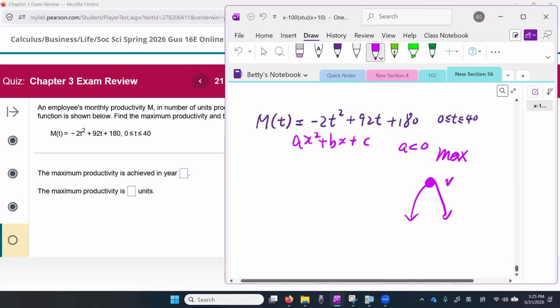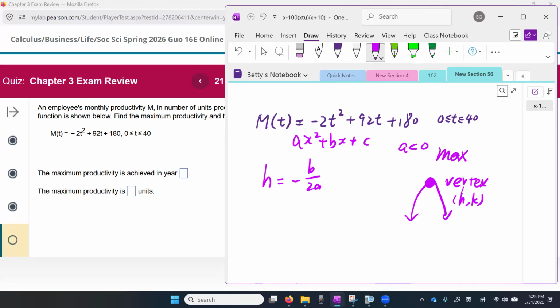And this point is called the vertex. How do you find h here? h is the x coordinate of the vertex. That is the time that could maximize M. So h is negative b over 2a. Okay, your b is 92, your a is negative 2. Double it is negative 4.